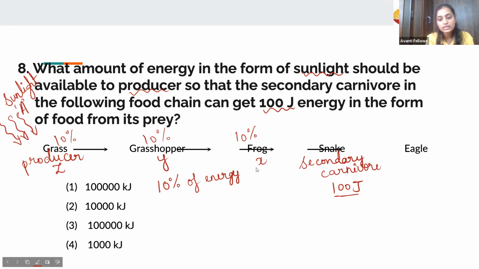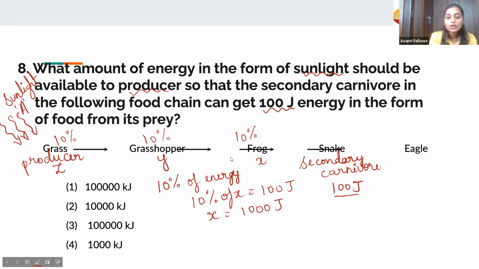So 10% of X is equal to 100 joules for the snake. So X, the energy of the frog, will be 1000 joules. Coming to the grasshopper, 10% of the grasshopper, that is Y, is 1000 joules.